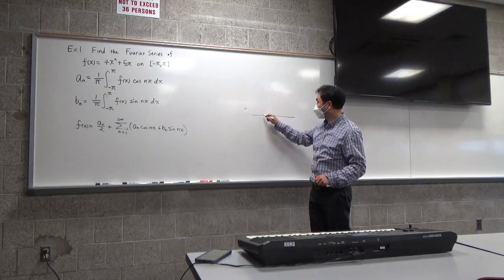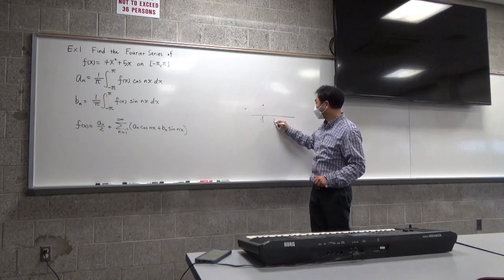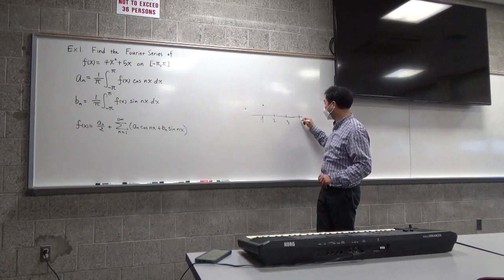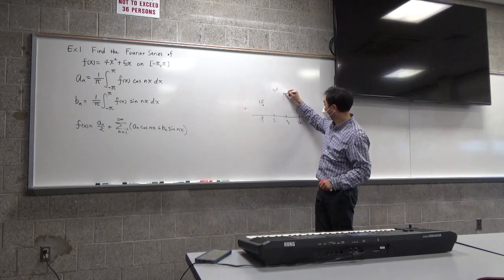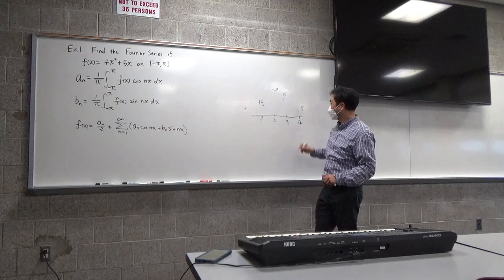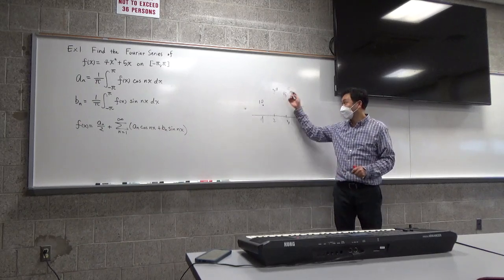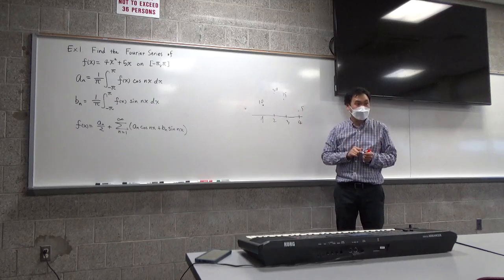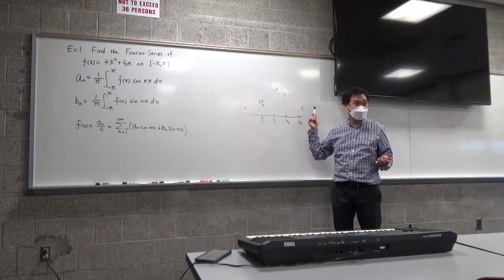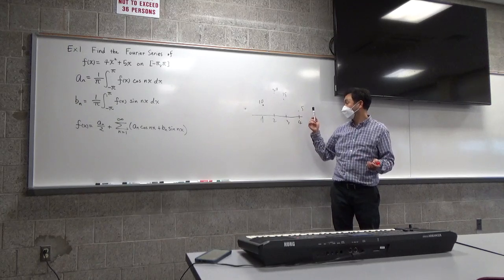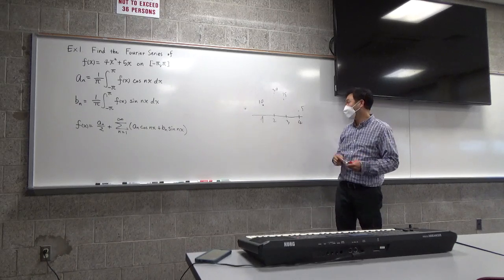Say you have a function defined for 1, 2, 3, and 4, and it's 10 here, then 20 there, then 15 here, and then 5 here. What's the average of this discrete value function? 10 plus 20 plus 15 plus 5 divided by 4, right? So 50 divided by 4, what's that? Well, 12.5. Yeah, right.